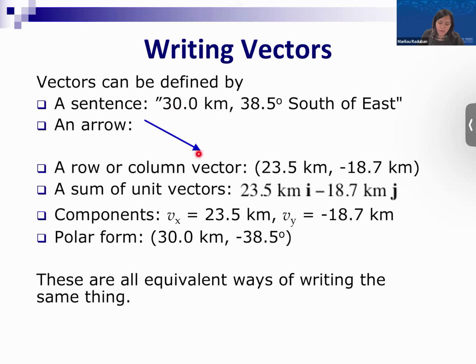You can also use an arrow with the correct length and the correct direction indicated by the arrowhead, or you can use brackets to indicate the magnitude. You can use the component form or the polar form. These are all equivalent ways of writing the same thing, and they are all acceptable for the tests, unless you are specifically asked to write the vector in a specific form.